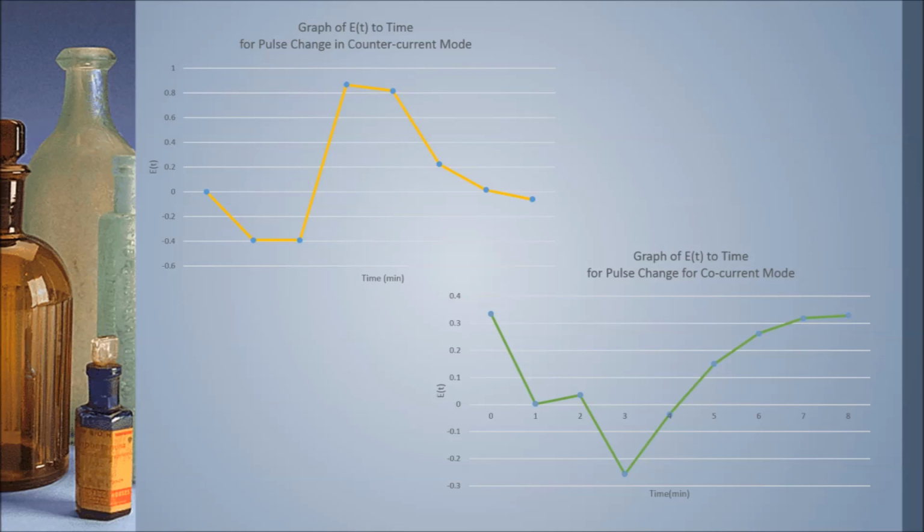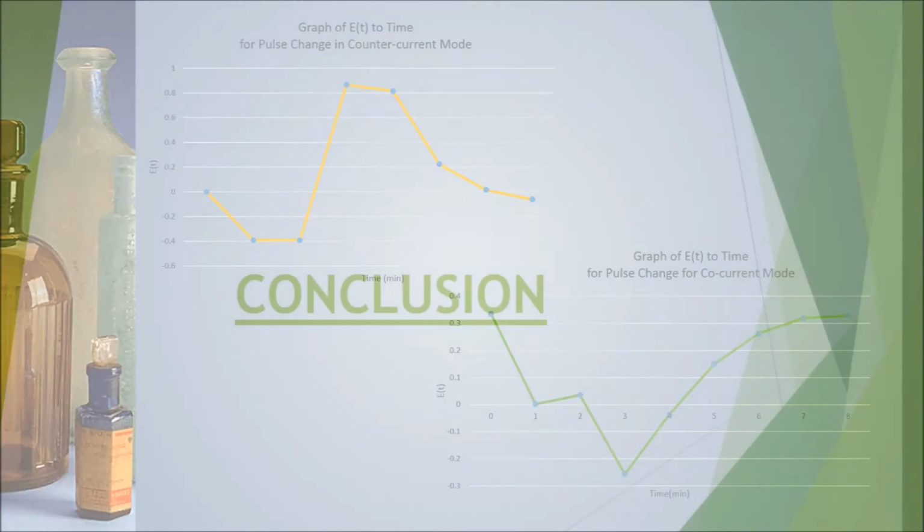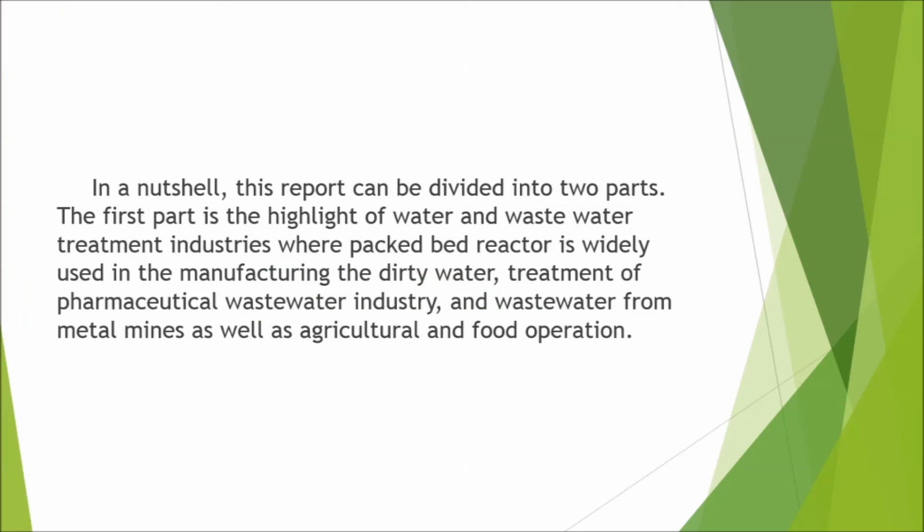Technically, it is explained like that, but unfortunately, due to some improper mixing of the reactants, the graph gave an abnormal result as we encountered some mixing issues. Although we can't compare with our readings, theoretically, counter current mode has higher efficiency than the co-current mode.